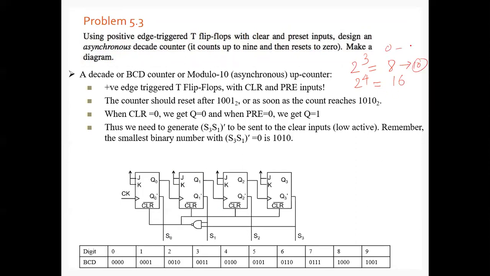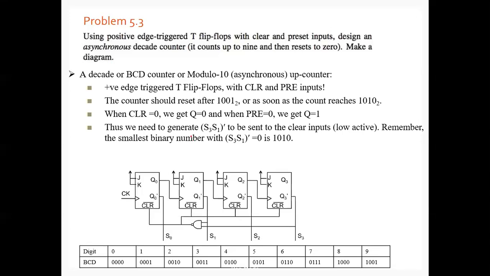So 0 through 9. 2 to the 3 will stop at 7, 0 through 7, 8. And 2 to the 4 stops at 15, 0 to 15, 16. Now we have to make it stop at 9, so it can count just 10 digits, 0 through 9. So how do you make it happen?